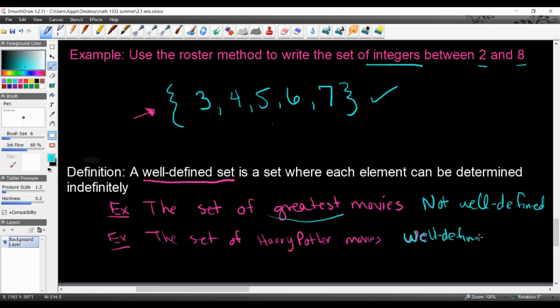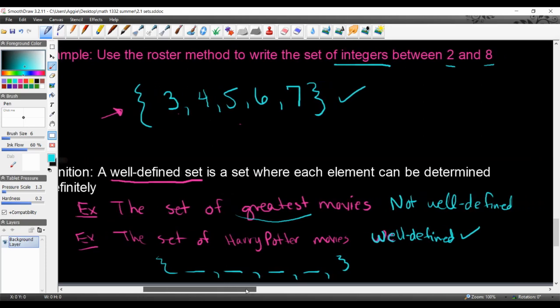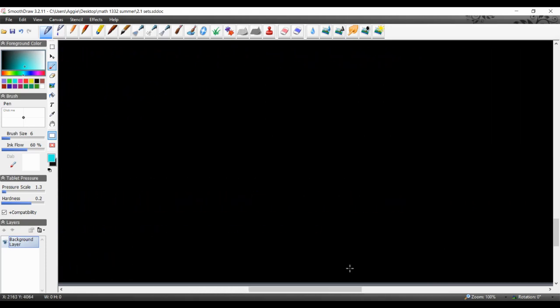I know which ones they are, but I'm not sure if you do. This one is well defined because we can actually look this up and we have a number of what those elements are. There's no debate on, oh well, that Star Wars movie, I would consider it a Harry Potter movie. It doesn't work that way. It is or it isn't. Okay. So that's the definition of well defined. I'm going to go ahead and move on. So we have a few more things.